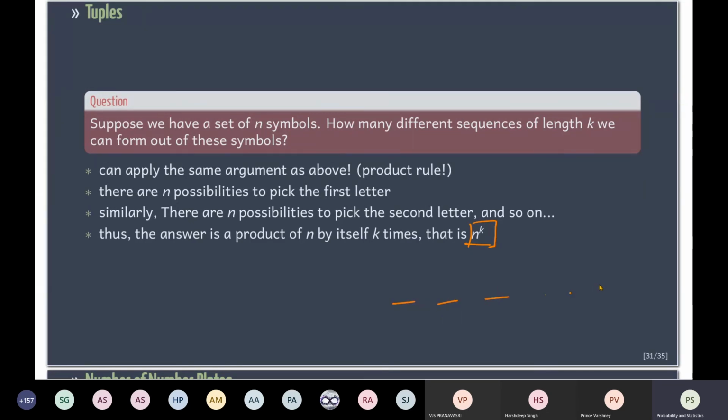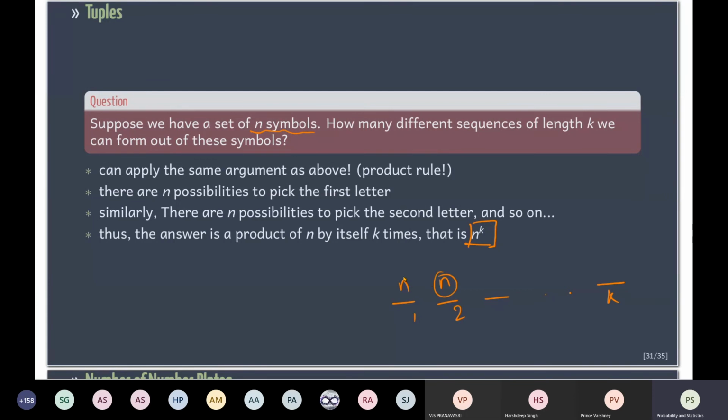So we have a sequence of length k, and we have n possibilities, right? So n symbols are there. I have n for here, I have n for here, and I have multiple copies of each symbol, so that's why I still have n.